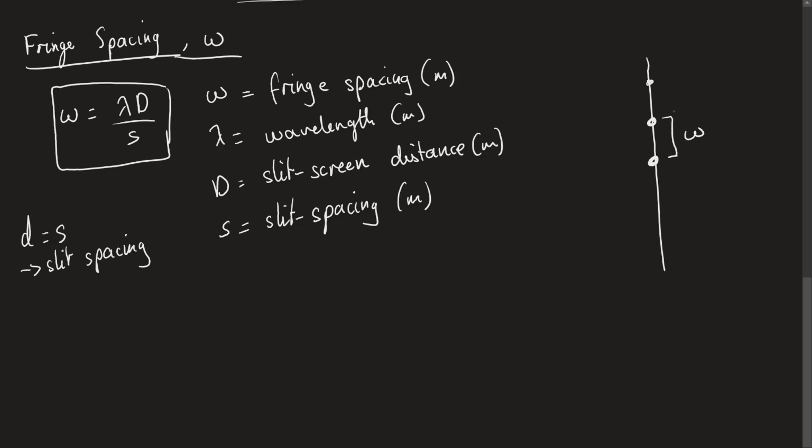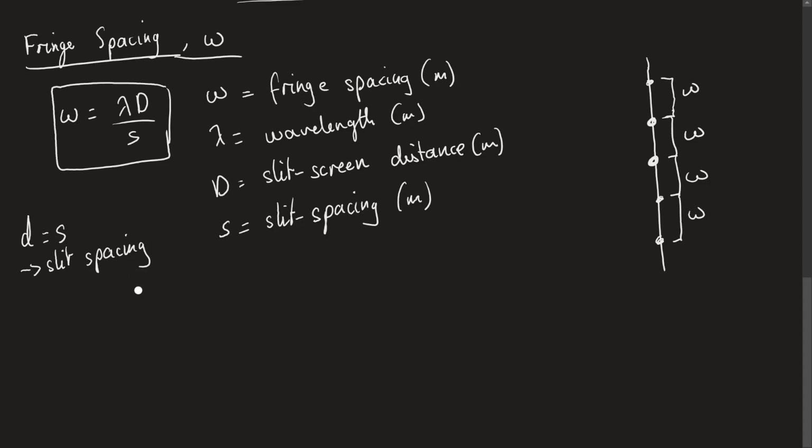Okay, you'll notice that this doesn't depend on n. So it doesn't depend on how far away from the central maxima you are. They should all be the exact same distance. So all of the differences should all be equal to W. And you'll see that this is only dependent on the wavelength of light that we have, the distance to the screen, and the slit spacing here.